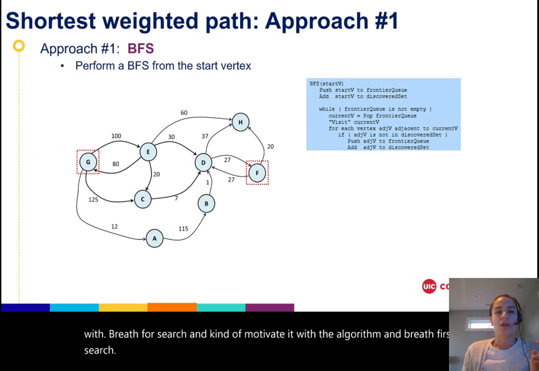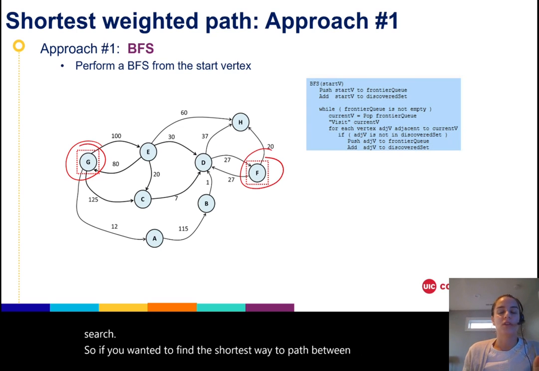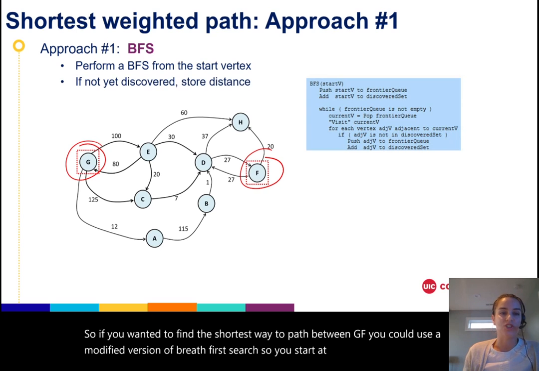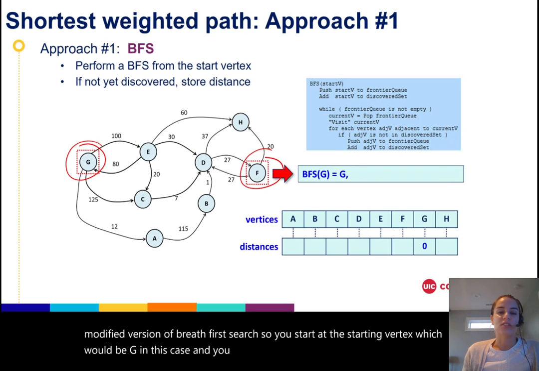If you wanted to find the shortest weighted path between G and F, you could use a modified version of breadth first search. You'd start at the starting vertex, which would be G in this case, and you would keep track of your distances.